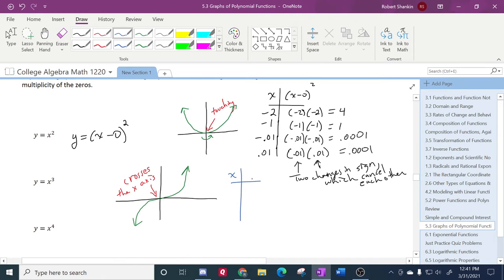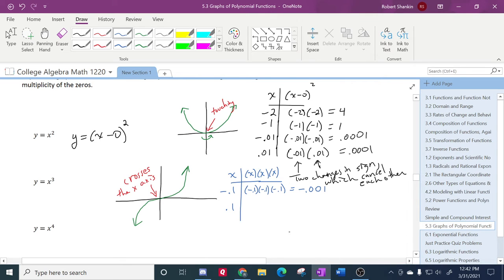Because this was really x times x times x, x cubed. And when you jumped over from one side to the next, so let's say we were at negative 0.1 to positive 0.1, at negative 0.1 you had three negatives multiplied together. Three negatives gives you a negative. I think we would move the decimal 3 places to the left.